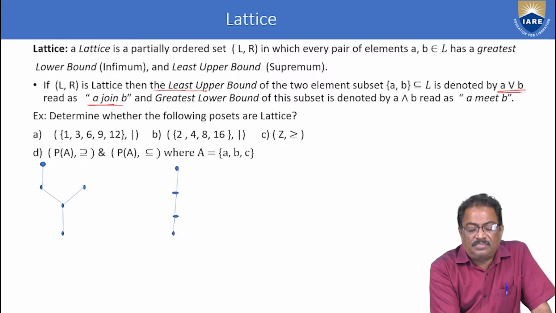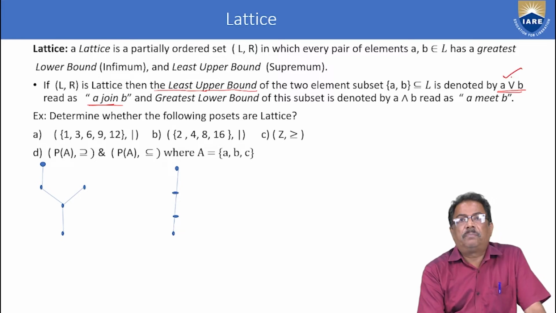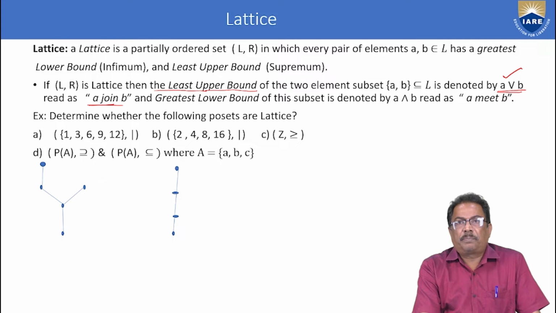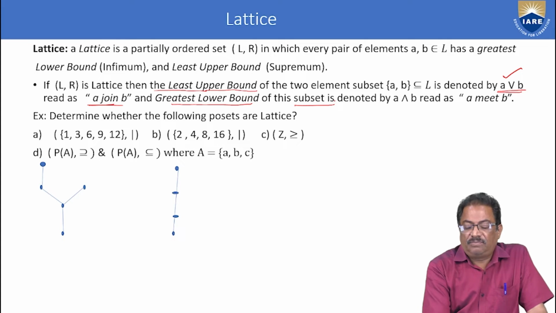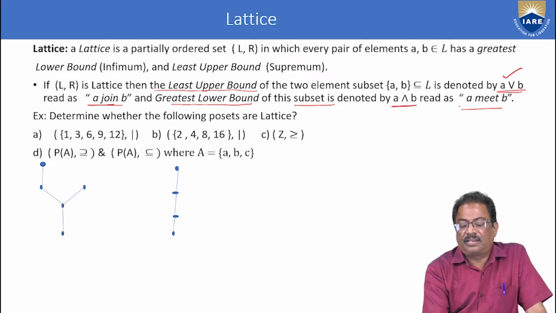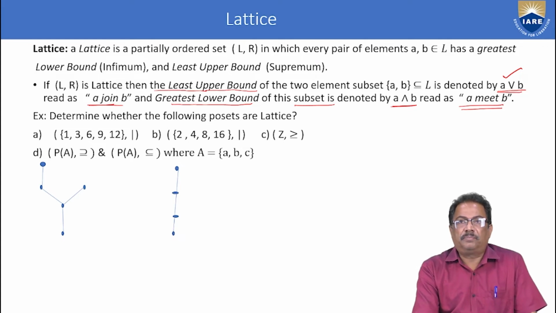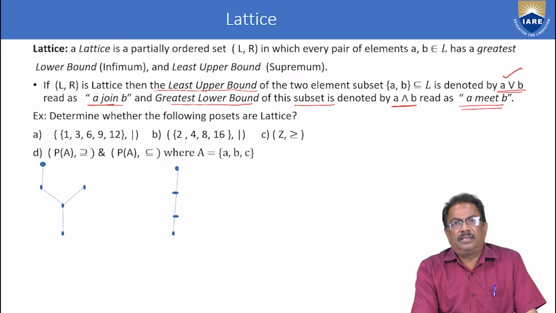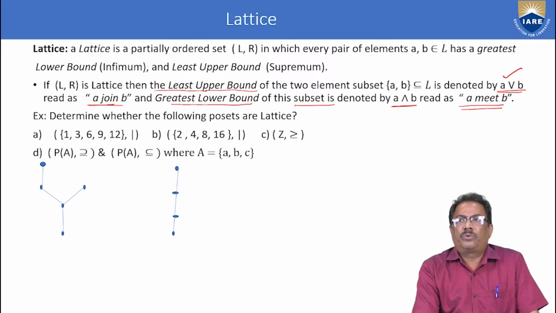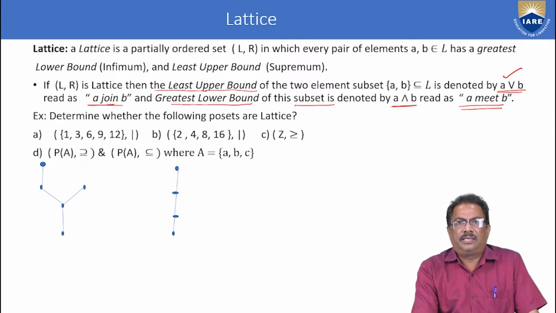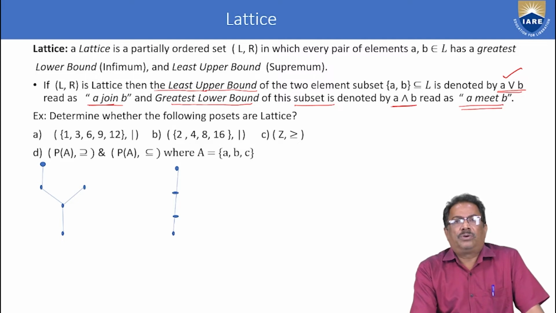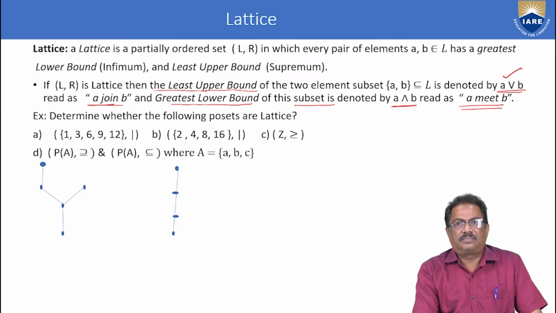This is known as the least upper bound, and we represent it as A join B. The greatest lower bound of any two-element subset is denoted as A meet B. Instead of writing the least upper bound and the greatest lower bound, we are going to take A or B, and A and B, in their places.